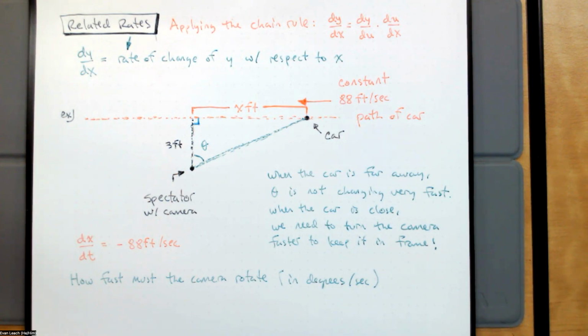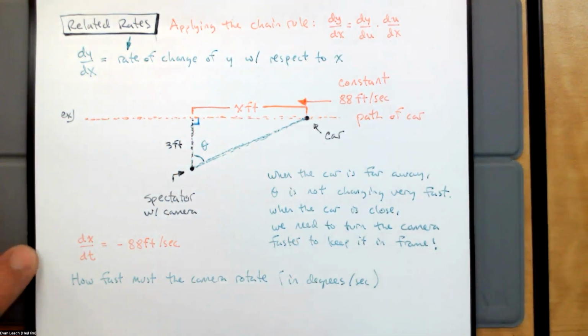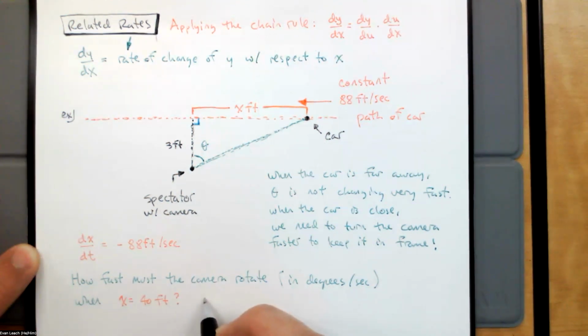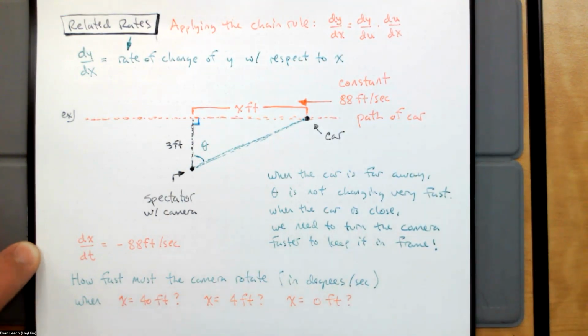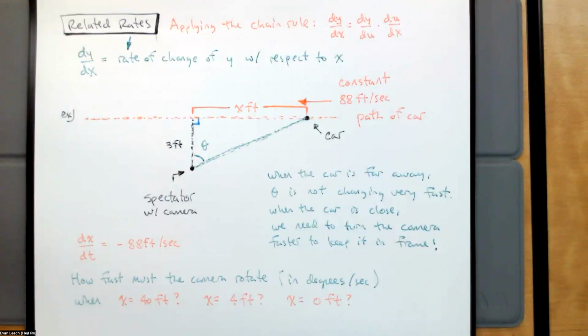Let's say when the car is 40 feet. So we're going to try to calculate how fast the camera has to rotate to keep up with the car at various points along the path.